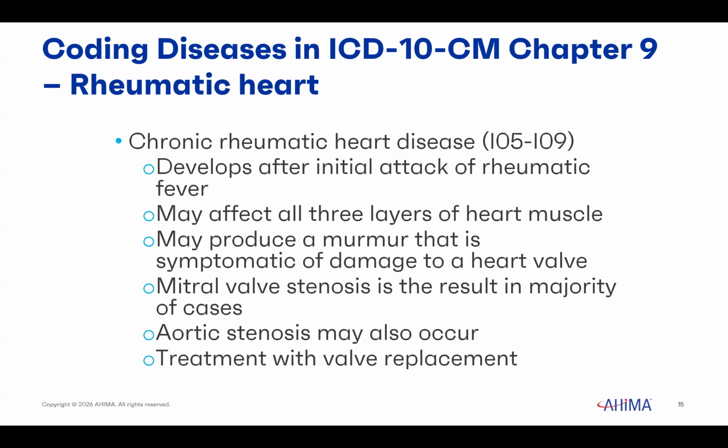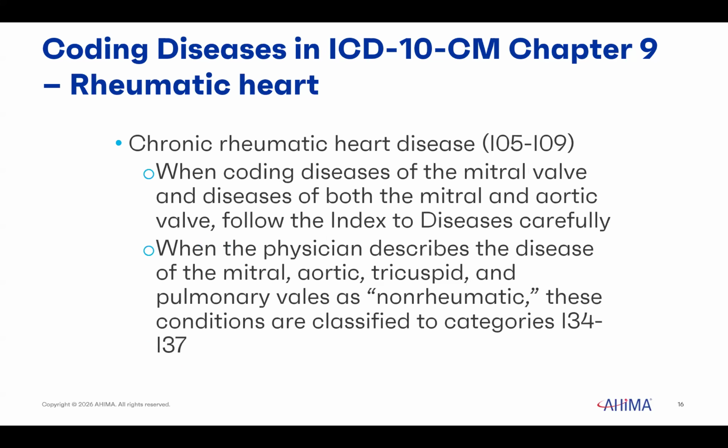Chronic rheumatic heart disease happens after rheumatic fever and can damage the heart valves. When you code this, you're coding diseases of the mitral valve and diseases of both the mitral and the aortic valve. So you have to follow the index to the diseases very, very carefully.